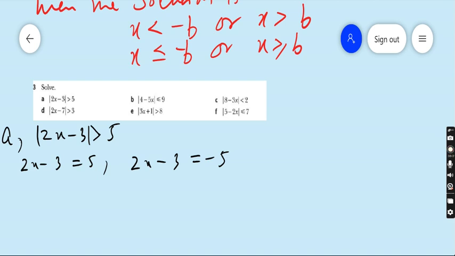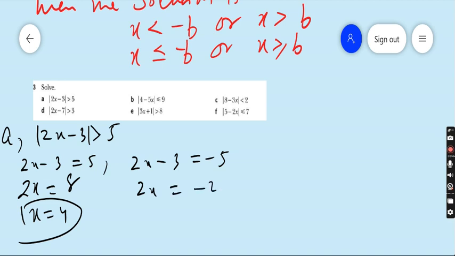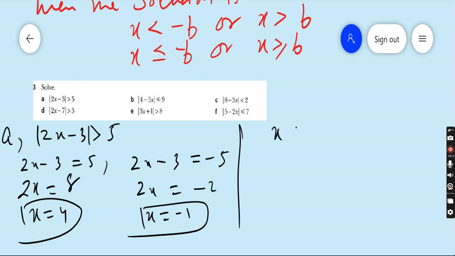So plus minus 5, one time plus 5 and one time minus 5. Simplify it: 2x is equal to 5 plus 3, 8, and x is equal to 4. 2x is equal to minus 2 and x is equal to minus 1. Now this is the greater sign, so we apply the second rule which I mentioned above. So our answer is x is less than minus 1 or x is greater than 4. That's it. That's why I said these rules help you a lot.